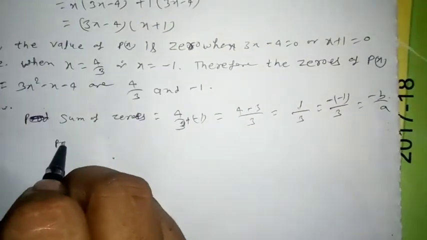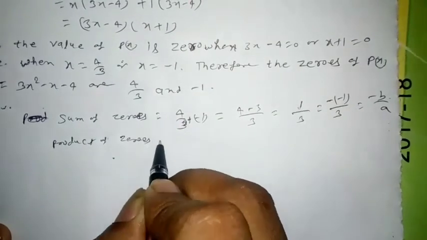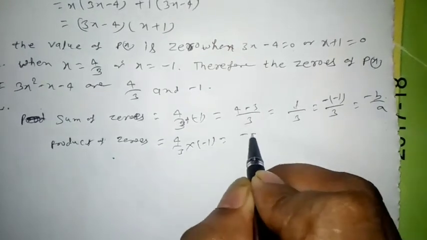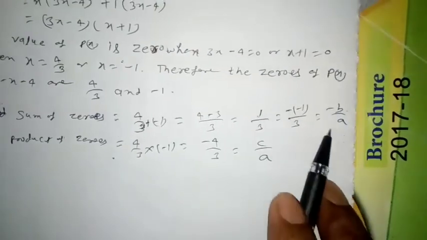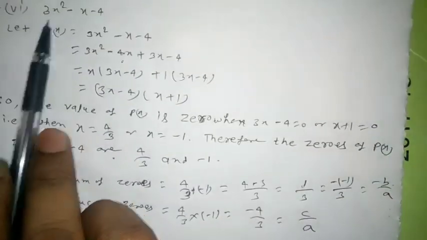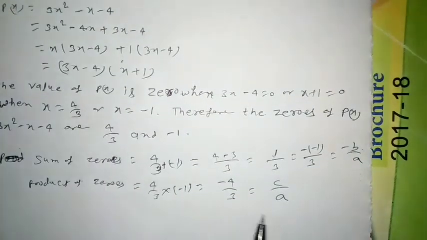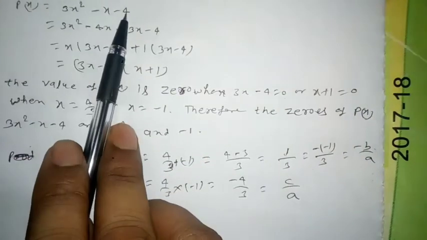Now product of zeros is equal to 4 by 3 into minus 1 is equal to minus 4 by 3 is equal to c by a. A is 3, b is equal to minus 1, c is equal to minus 4.